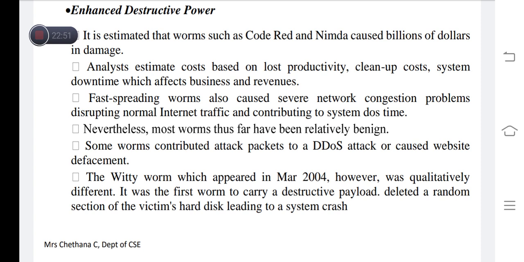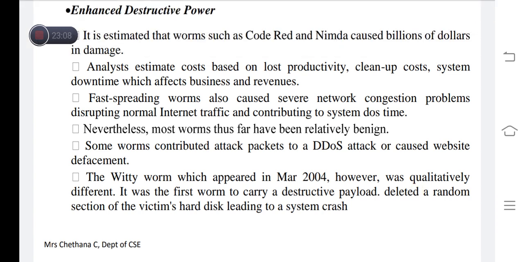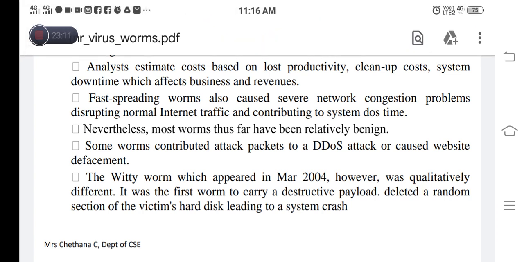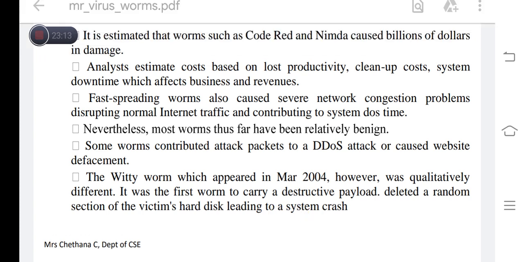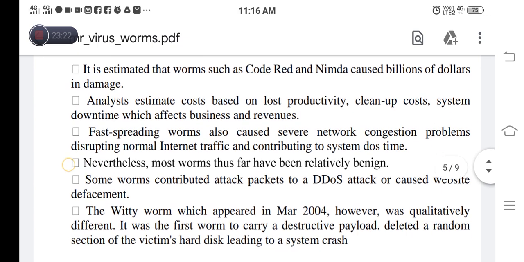For example, if we consider the Witty worm, which appeared in March 2004, it was qualitatively different compared with other worms. It deleted a random section of the victim's hard disk, leading to a system crash. So this is the destructive power of the worm.